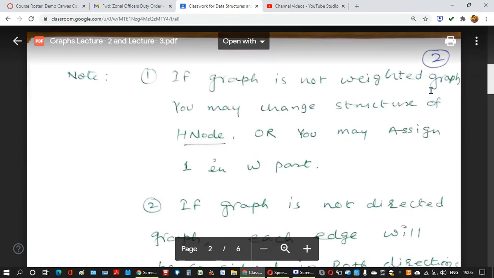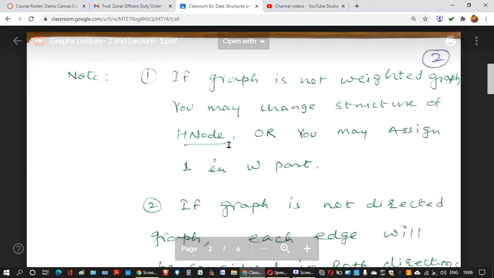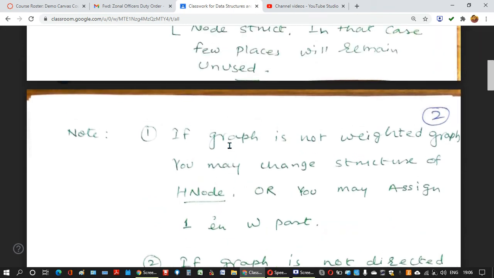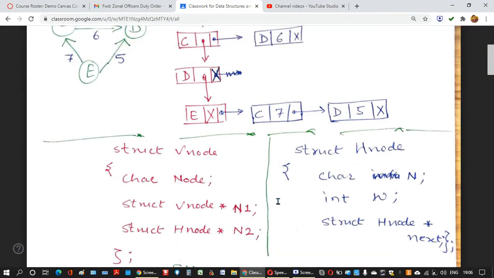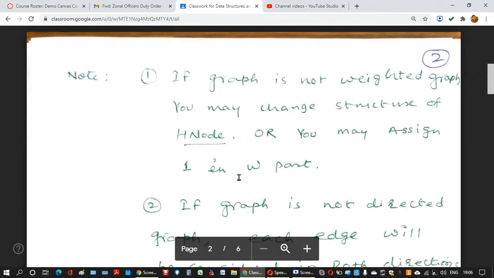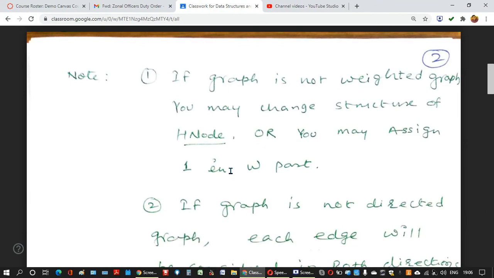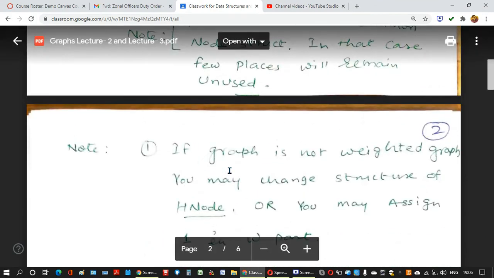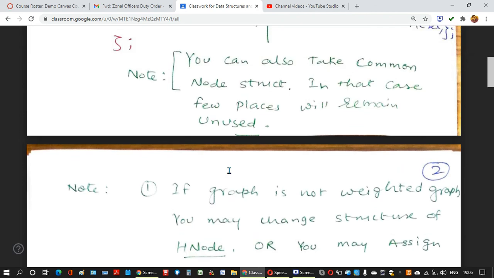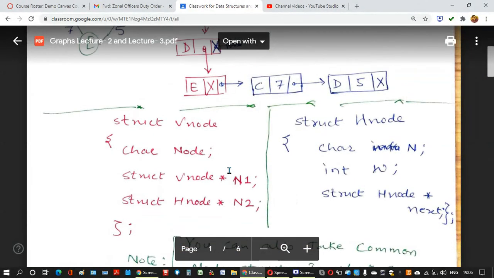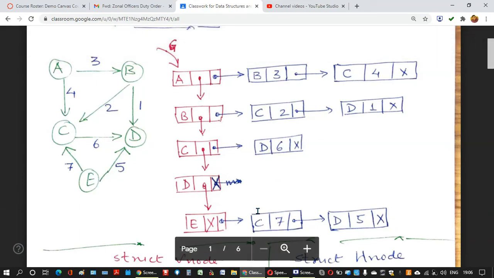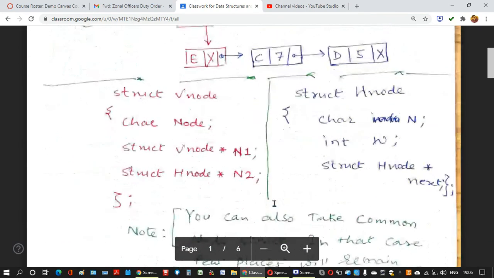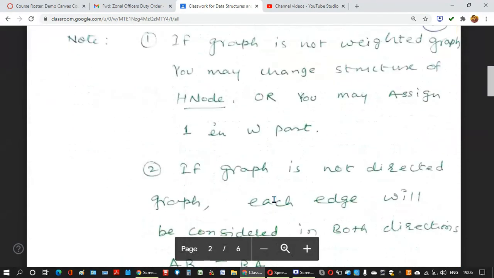If the graph is not a weighted graph, you may change the structure of H node, means you can leave this integer W. Or you may assign one in the W part. If your program is applying for weighted, unweighted, all types of graphs, then you can keep the same structure, but you can put one in case of an unweighted graph.